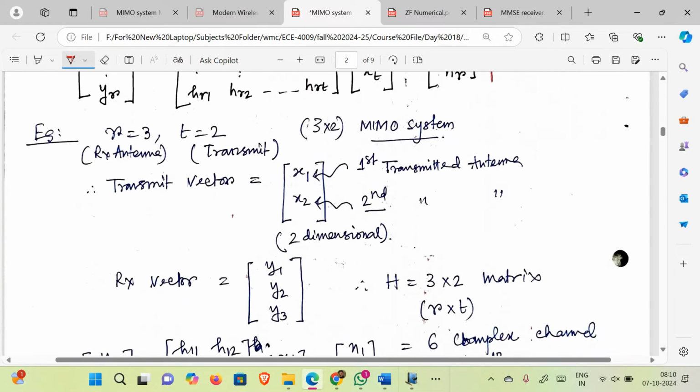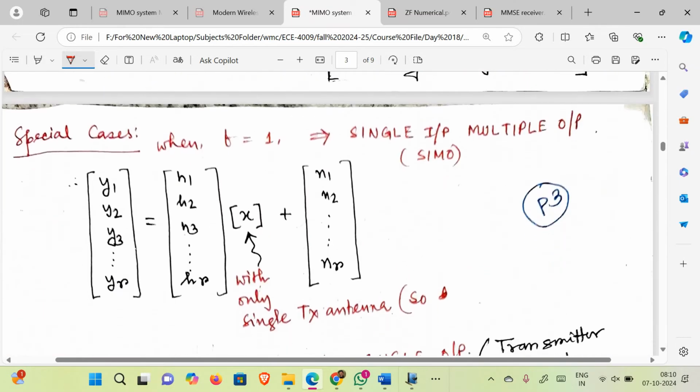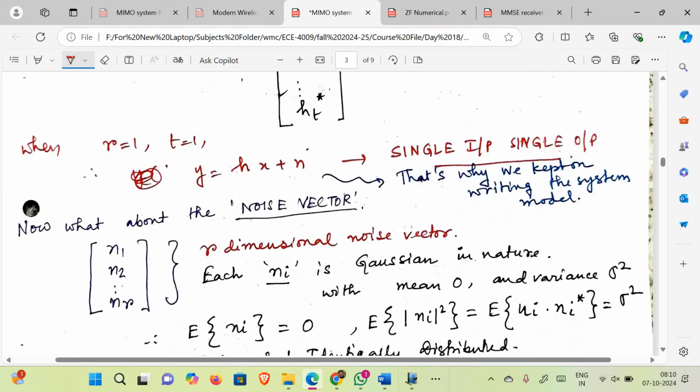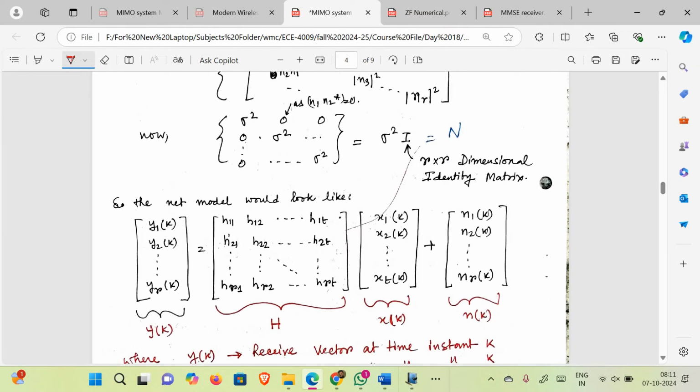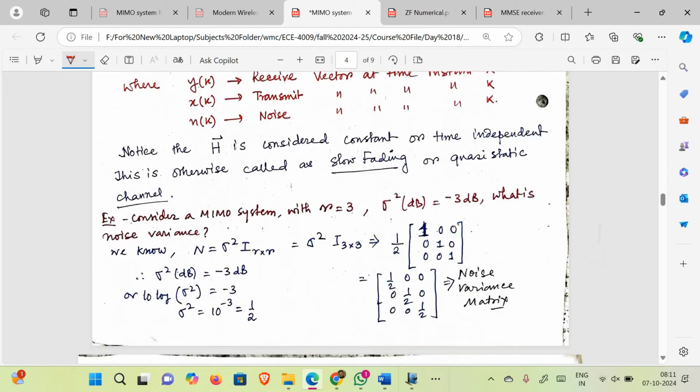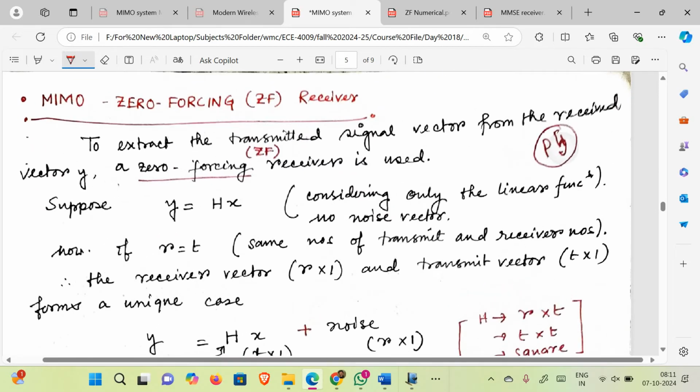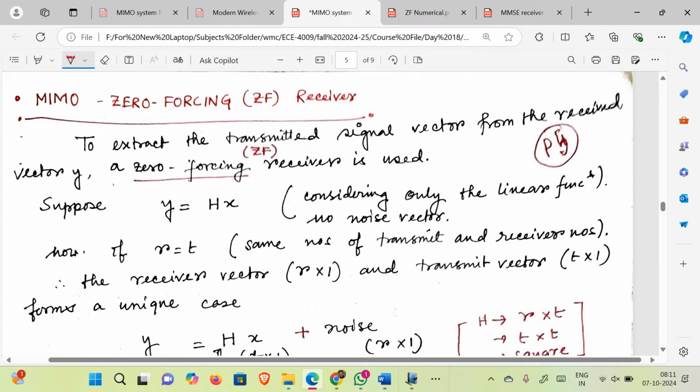Now, keeping that in mind, we came across a very important objective: to find out what will be the optimal input, considering the fact that we have received some noisy outcome. That is where we found another method, which is called the zero forcing receiver.